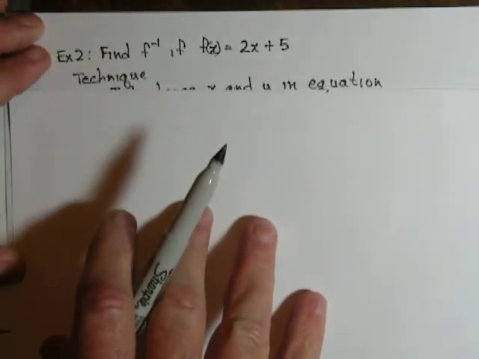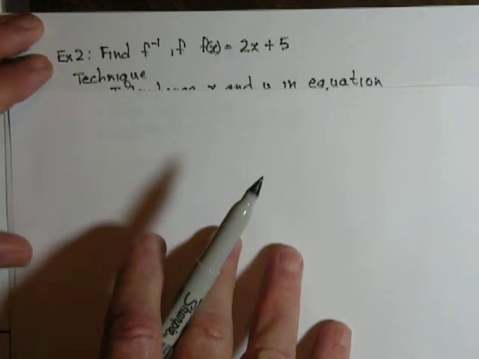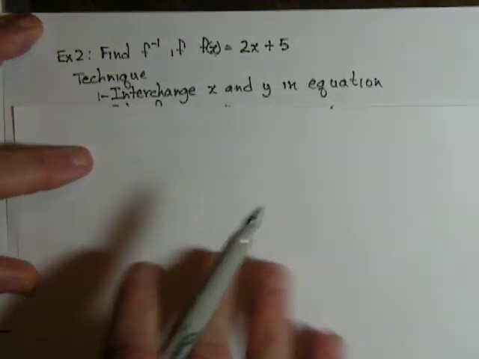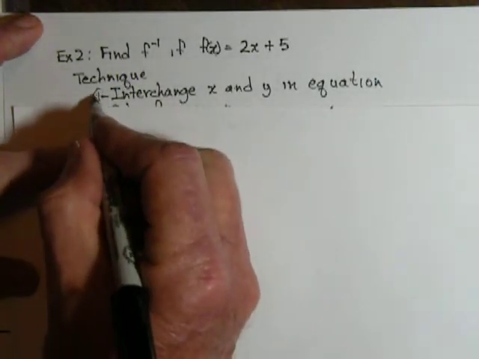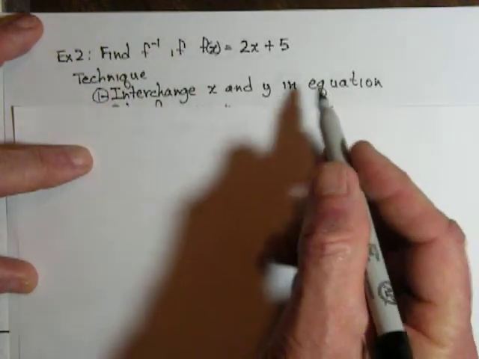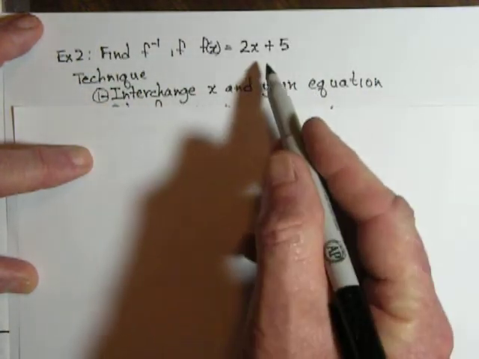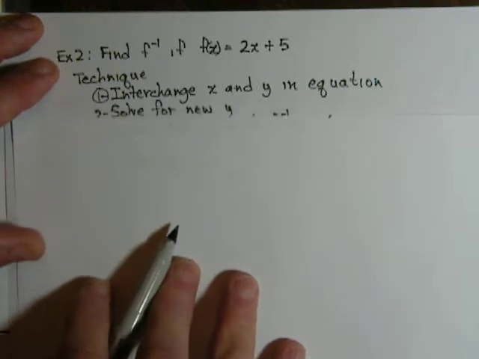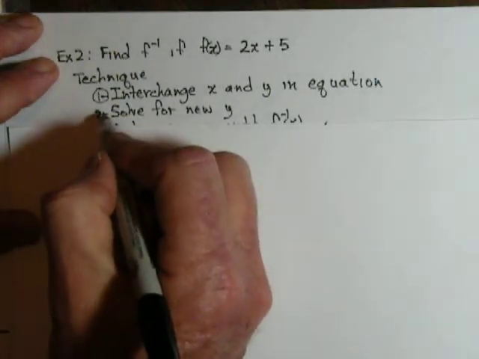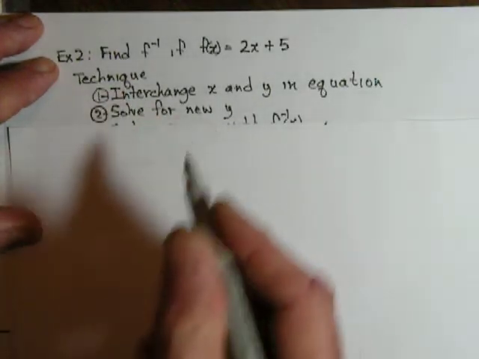So here's the procedure, the technique that we're going to use. The first thing we're going to do is interchange the x and y in the equation that you're given. That's the first step. The second step is to solve for the new y.